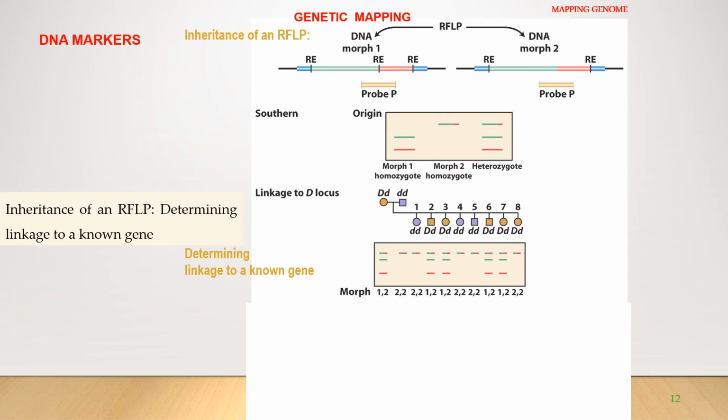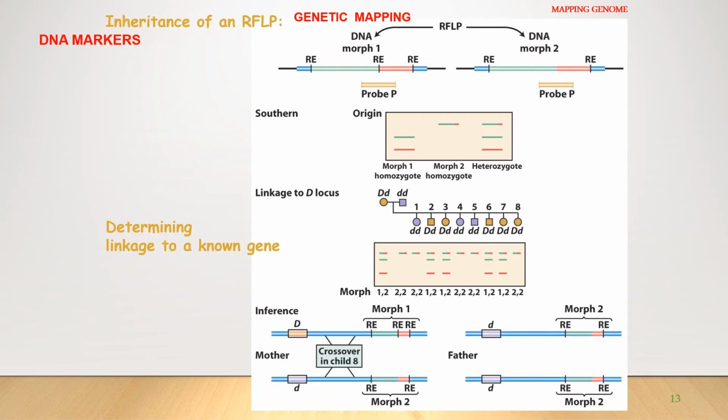Hence, it can be concluded that this particular restriction site is close to the gene of interest or locus D. Here, it can be inferred that the recombinant progeny 8 is formed due to crossing over that happened between the sister chromatids in the mother.